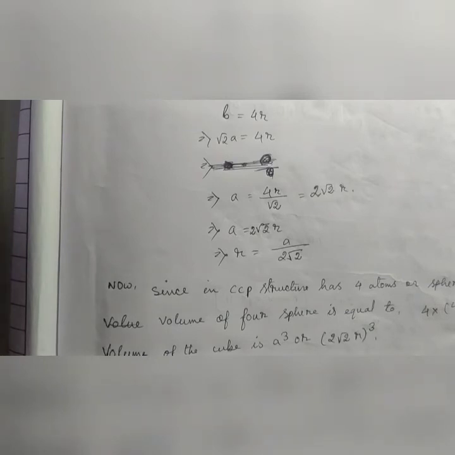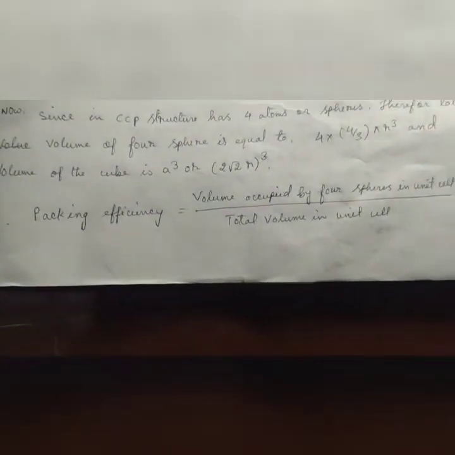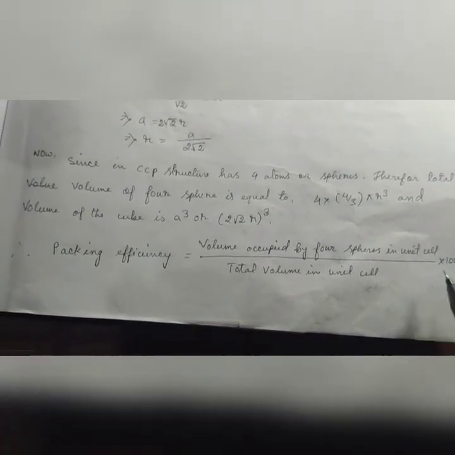Now from these values we are going to calculate the packing efficiency. The formula for packing efficiency is equal to the volume occupied by 4 spheres in the unit cell divided by the total volume of the unit cell, into 100%. This is 100% because we calculate the packing efficiency in percentage. Here this is 4 because in the FCC structure there are a total of 4 atoms.